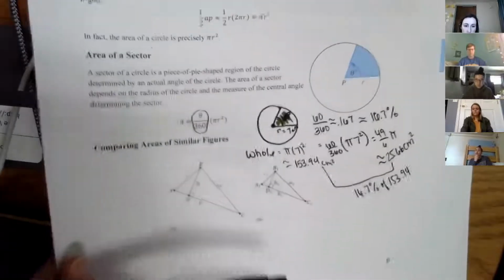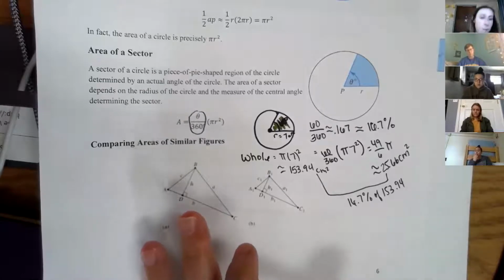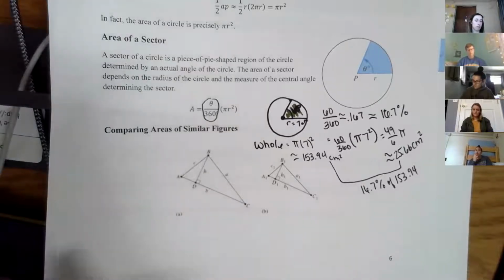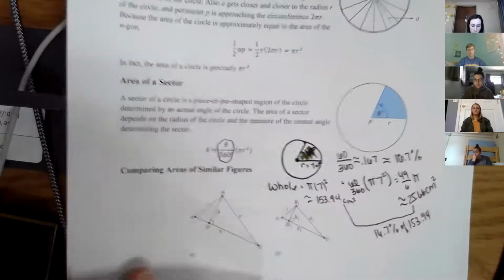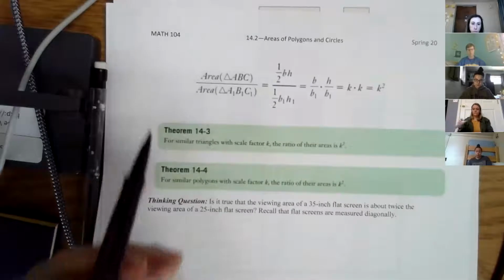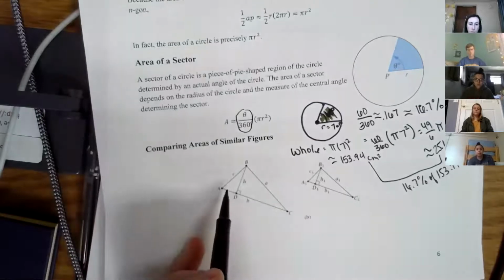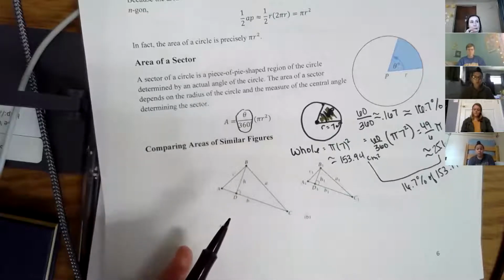Now, comparing area in similar figures. When we were talking about the scalars last time, it was based on a ratio. But in this case, when we're talking about the area part, we look at comparing the ratio of the areas. If I took the area of this big triangle that has base B, height H, its area would be base times height divided by 2, right?